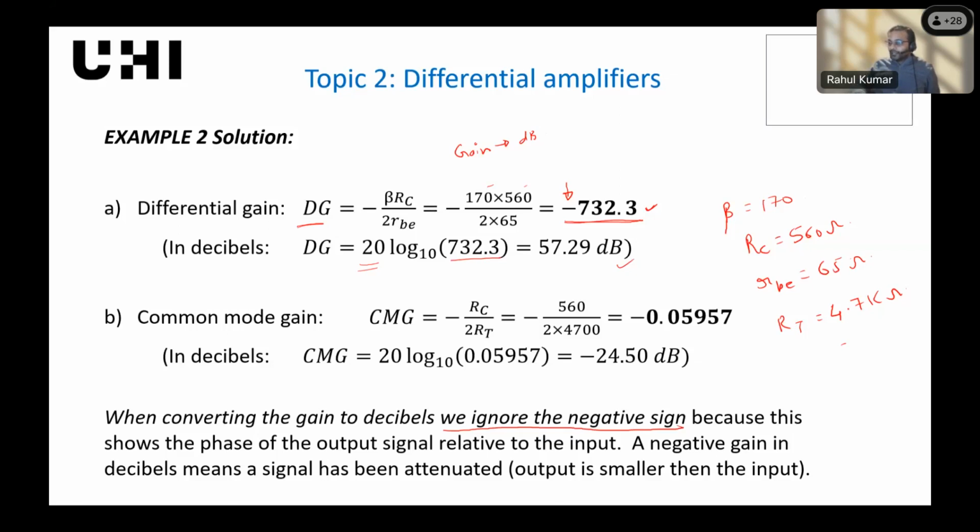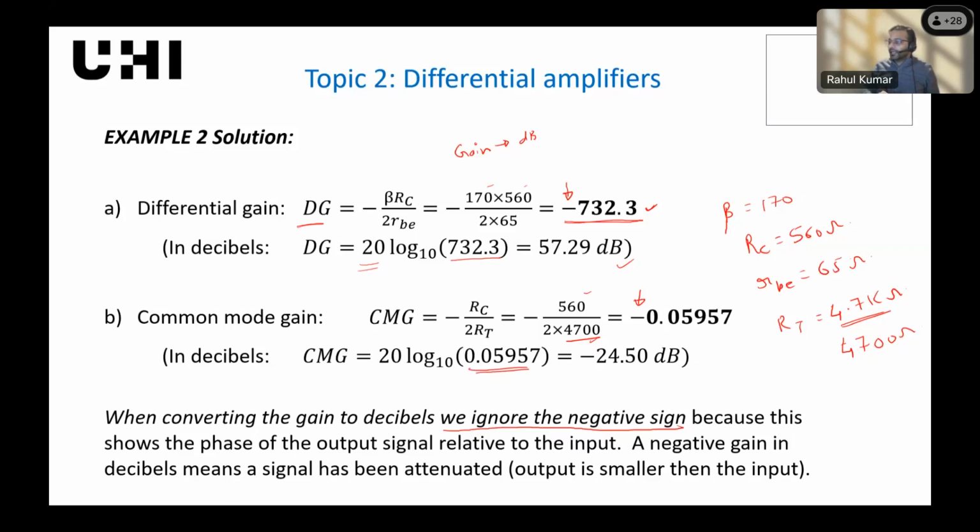Then common mode gain, again substitute the values. Remember this is 4.7 kilo ohm, so it will be 4700 ohms, right? That's the value. Again you get a negative value, so you can ignore it while calculating the decibel equivalent value.